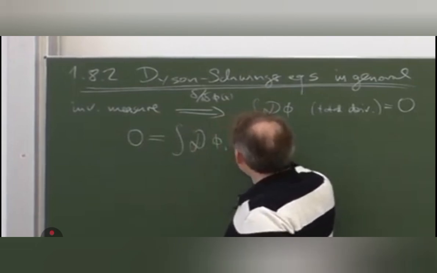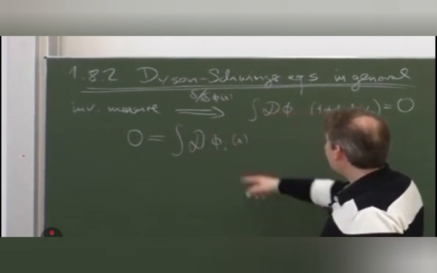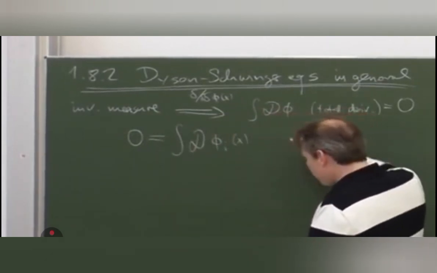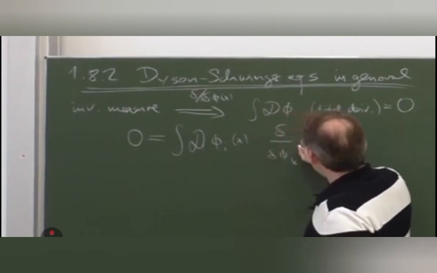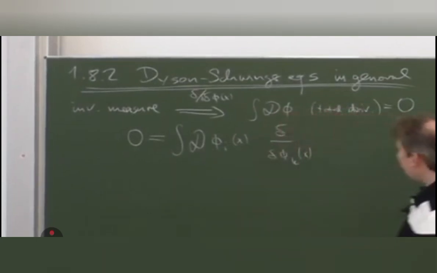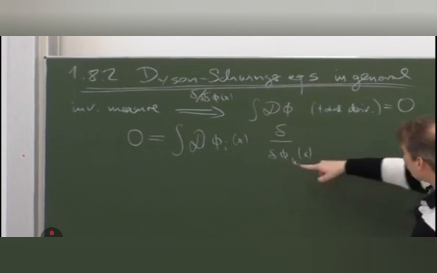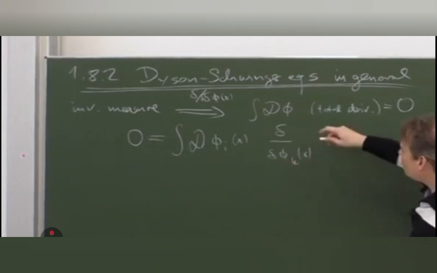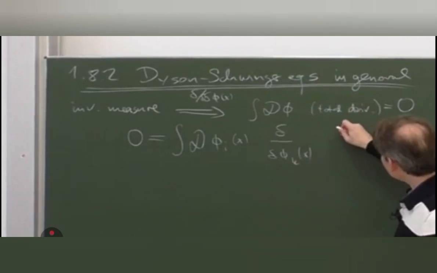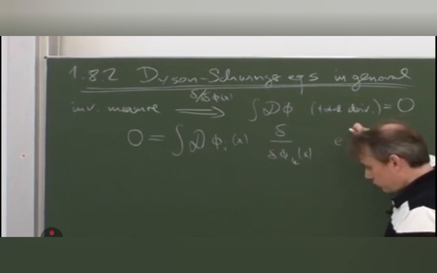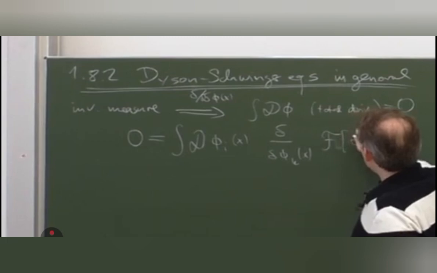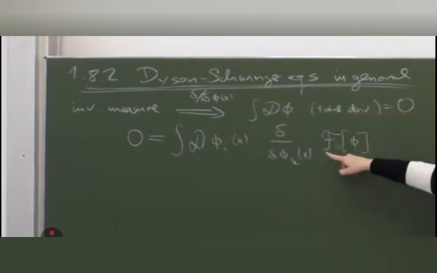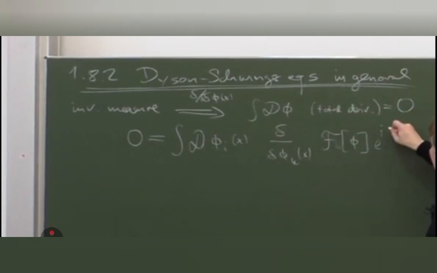So the path integral over the appropriate set of fields of any functional total derivative with respect to any field variable, say phi k at some space-time point x, of anything, for example, of this expression, functional of the fields times e to the I times the action.